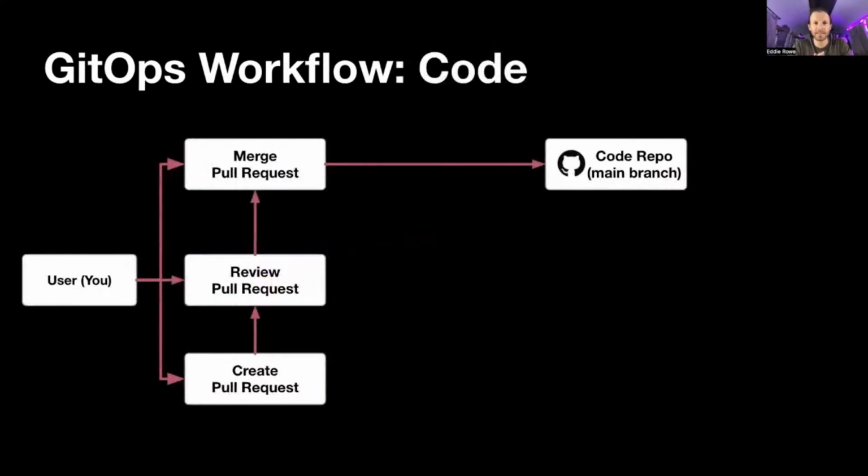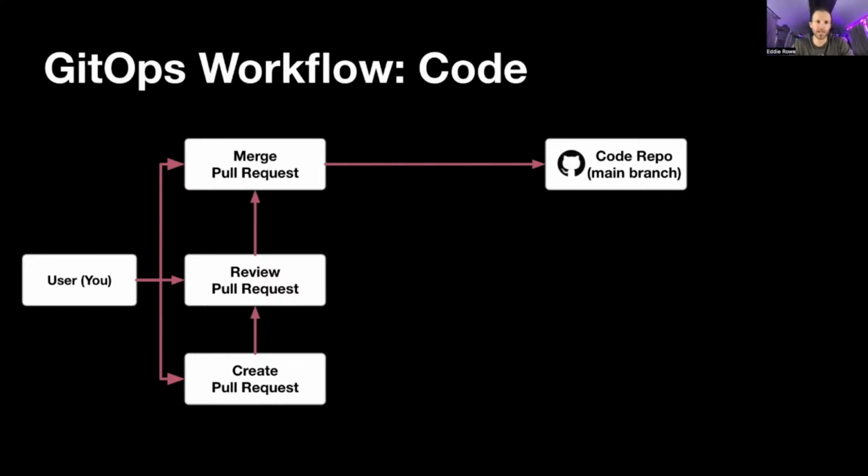So let's cover the elements of a simple GitOps workflow in a little more detail here. First bit that we mentioned on the previous slide, coding. So the process that we're going to do in our example is GitHub is the center point of this universe and interaction point for all humans. You create a pull request. You or someone else may review the pull request, and then the pull request gets merged.